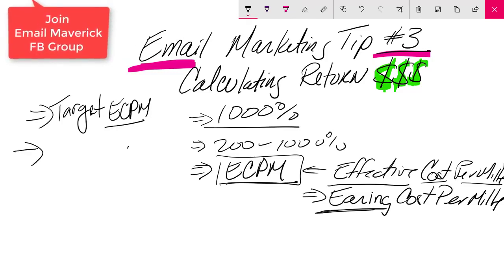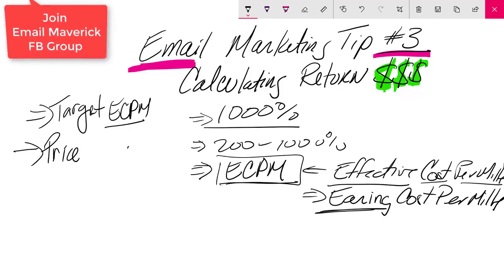And number one thing is the price that you're paying at your email service provider, right? So it's the cost per mil that you're paying for every email sent, okay? Now, it depends. There are some email service providers that will charge you by the number of recipients and so on. Regardless, you need to break whatever it is that you're being charged down to a cost per mil, right? You have to do that. You have to break it down.